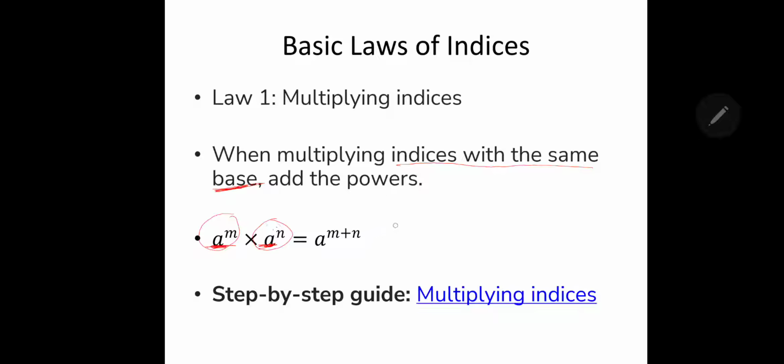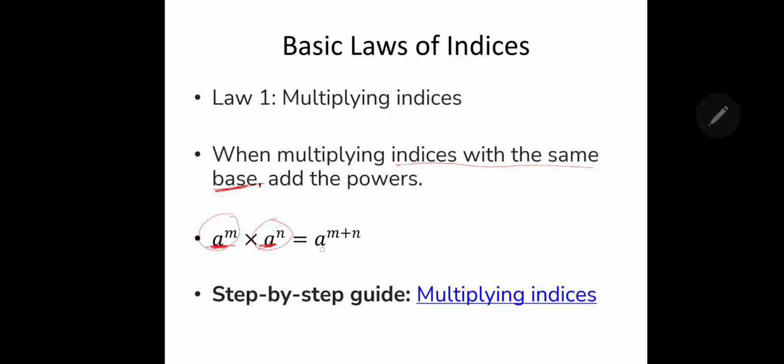Let's take another example. You have something like b to the power x multiplying b to the power y. What do you have? b, then you add x plus y, so that's b to the power x plus y. Understand?